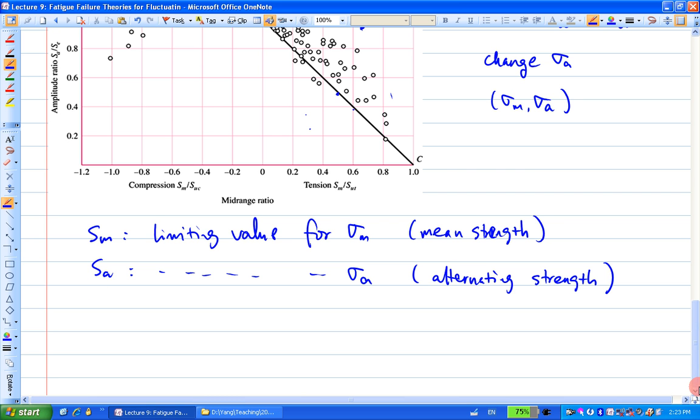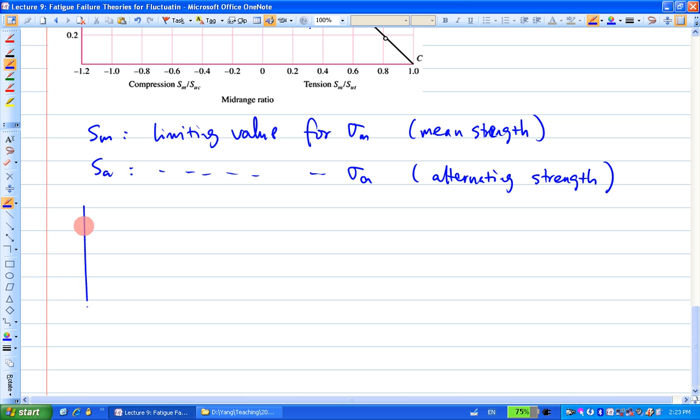So I'm going to draw a new diagram here, with a sigma A axis and a sigma M axis. Instead of using a ratio between sigma A over S_E and sigma M over S_UT, let's redraw this one.